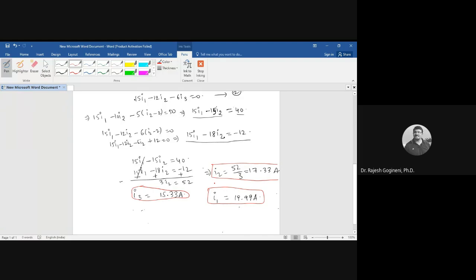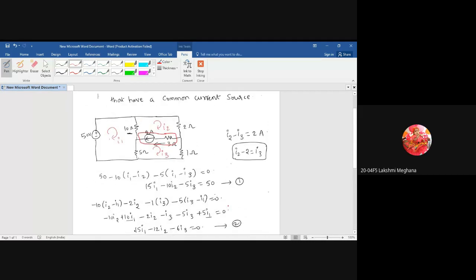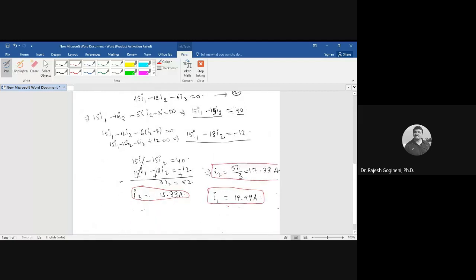Right? Did you get the same answer? To solve that, use the three equations: the relation between I2 and I3, and apply nodal equations and mesh equations.